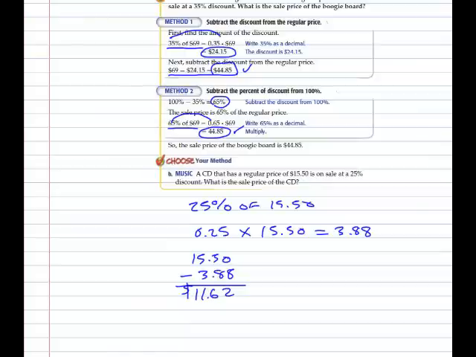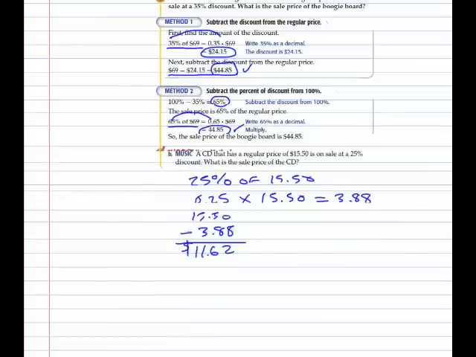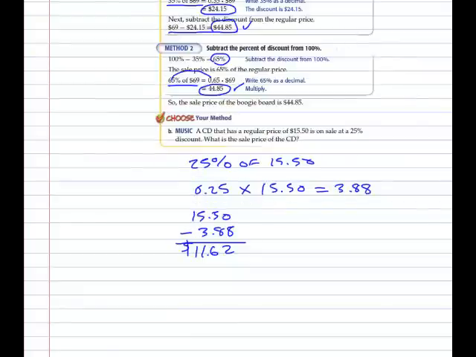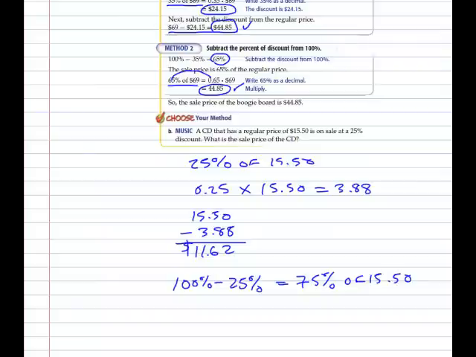sale price. Now, using the second method, I'm going to add 100% to my 25%. So I have 100% plus 25%, or minus 25, I'm sorry. Back to the previous page. This is discount, minus 25%. So what I'm paying actually is 75% of $15.50.